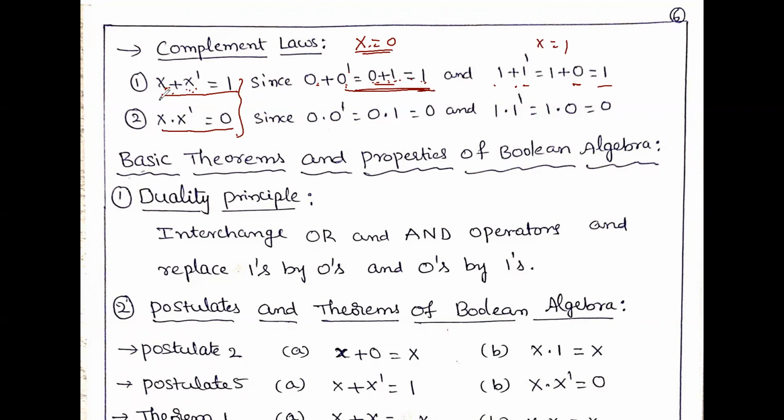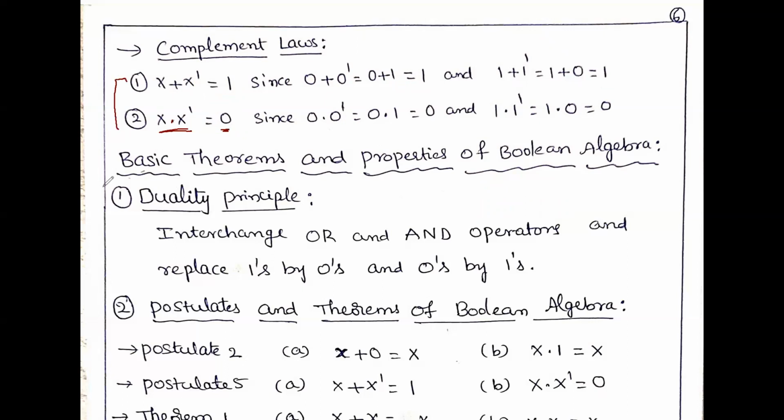That means, for any value of binary, x plus x dash equal to 1. Similarly, we can write y plus y dash equal to 1. That means the same variable when we add with the complement of the same variable, then it gives the value 1. Similarly, when we multiply with the complemented value of the variable, then it gives the 0.